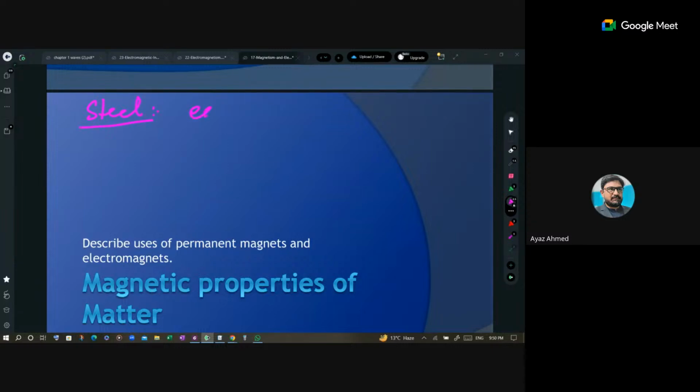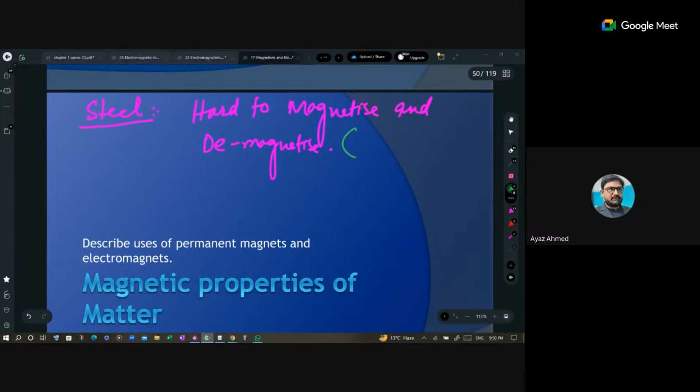So here I'm going to make a summary of that. Steel is hard to magnetize and demagnetize, but it is used for permanent magnets.